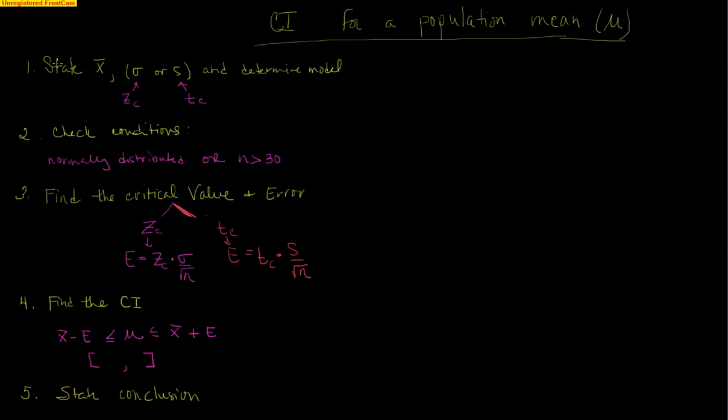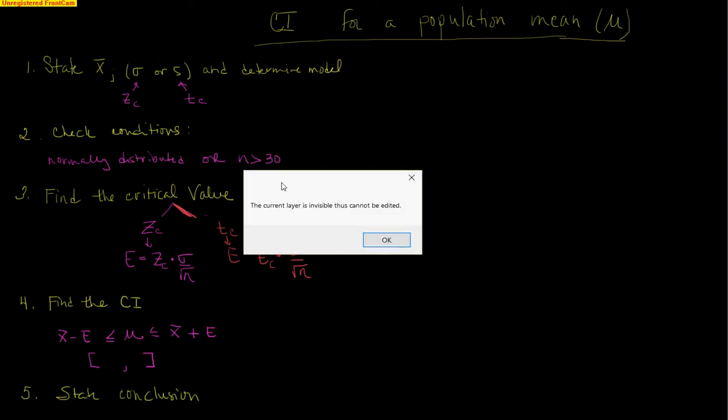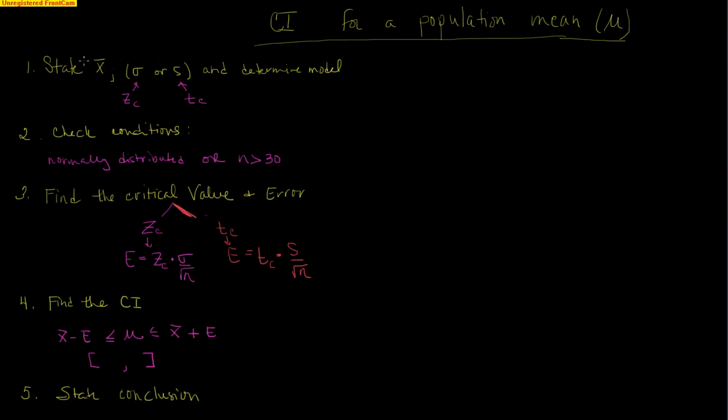So the first step says to state the sample mean, decide if you have a population standard deviation or a sample standard deviation, and therefore determine the model. We're going to use the t-distribution if we've got a sample standard deviation, and we're going to use the normal distribution if we've got sigma, the population standard deviation.